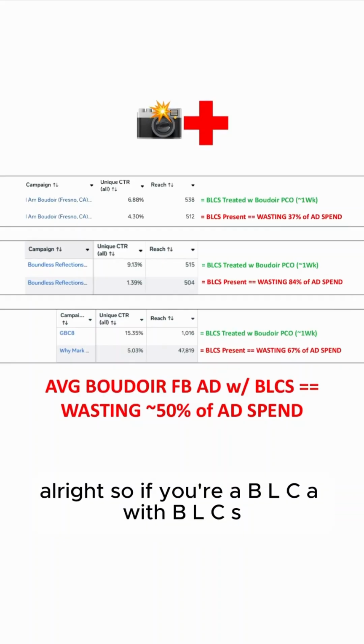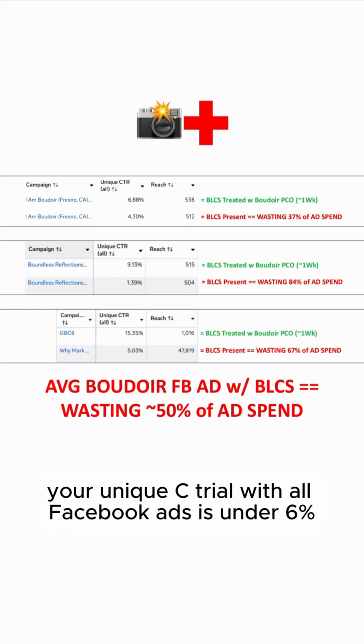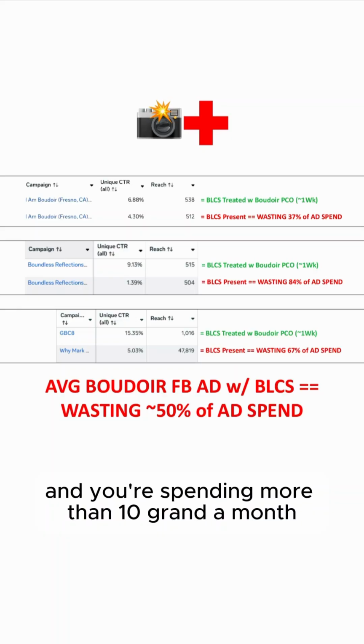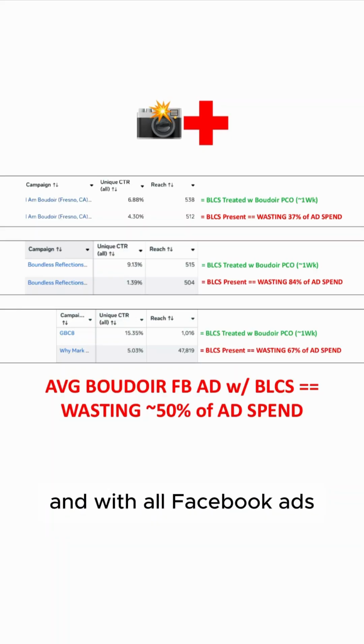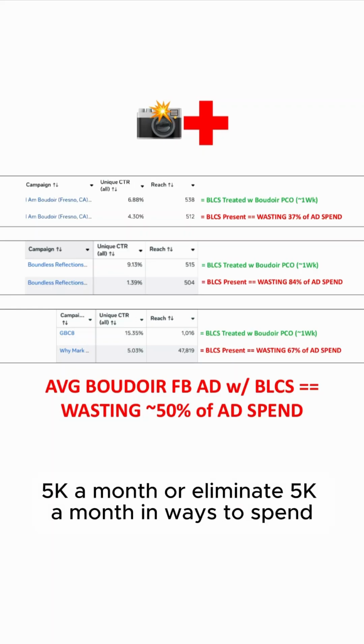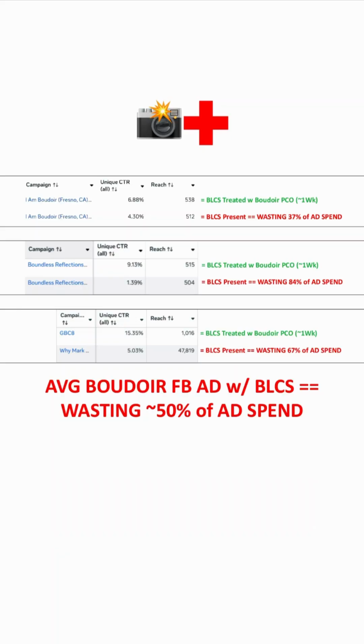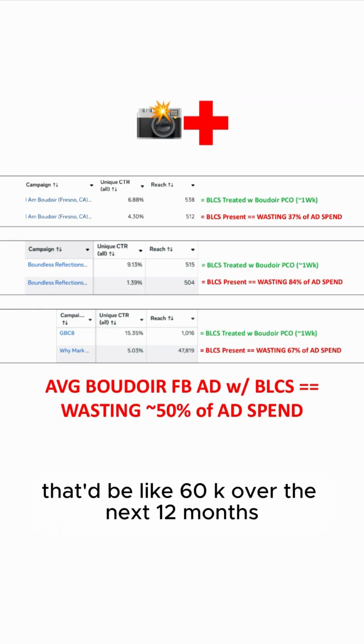All right, so if you're a BLCA with BLCS, so boudoir low click advertiser with boudoir low click syndrome, your unique CTR on boudoir Facebook ads is under 6%, and you're spending more than 10 grand a month on boudoir Facebook ads, and you want to save approximately 5K a month, or eliminate 5K a month in wasted spend, and pocket that instead, on average that'd be like 60K over the next 12 months.